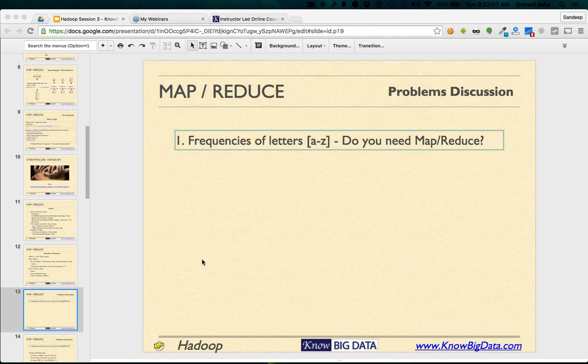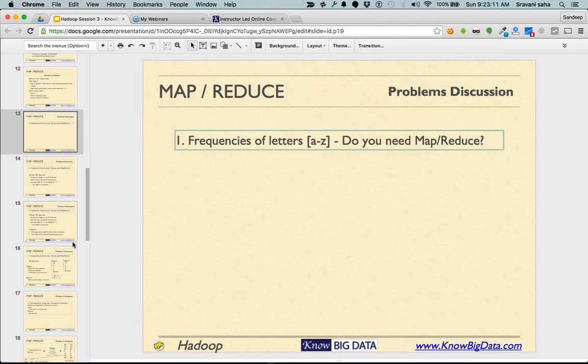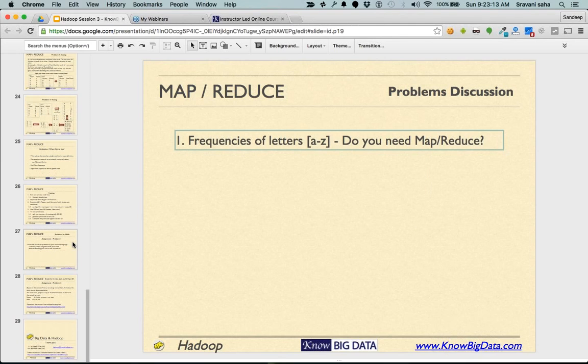All right, do you want to discuss these problems, or should I leave those as an assignment?